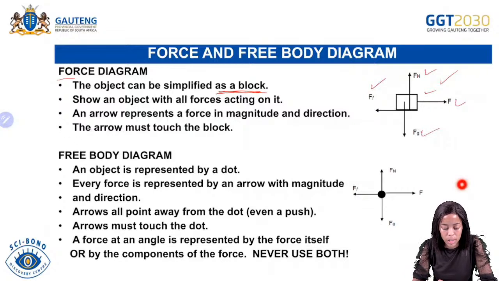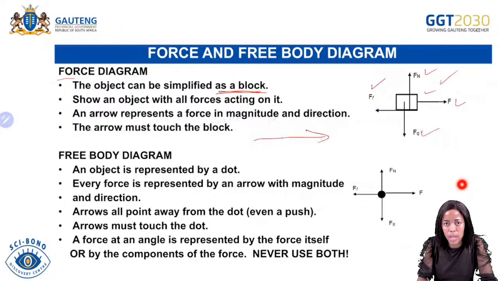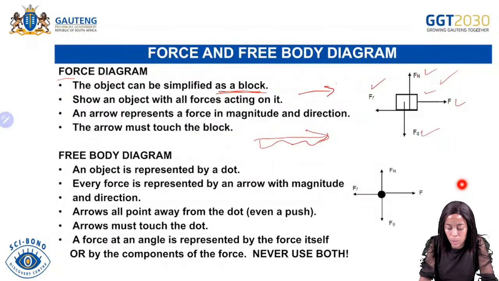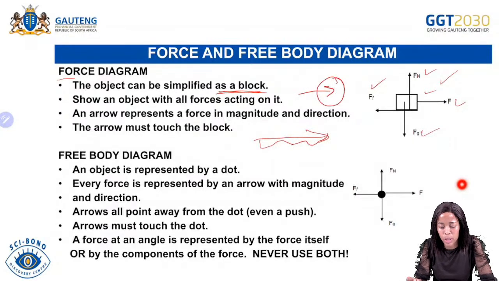Then it says an arrow represents a force in magnitude and what? And direction. So if this is your arrow, this part would represent the magnitude, and then the arrowhead will be the one to give you the direction. So in this case, we can see that the arrow on the normal force is facing where? Upwards.